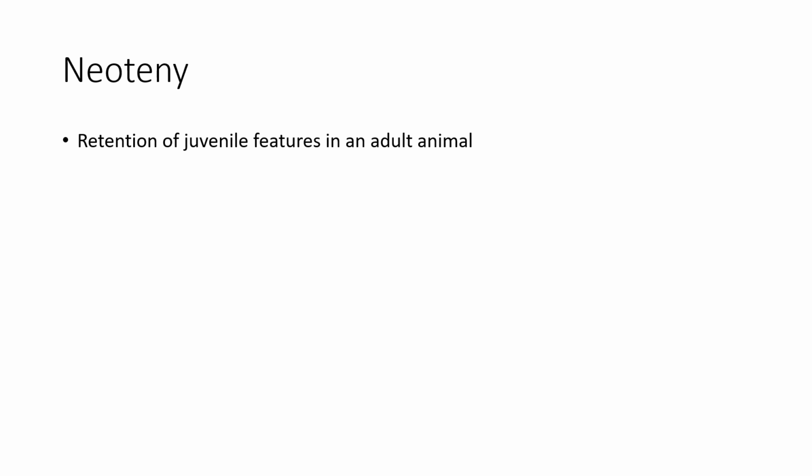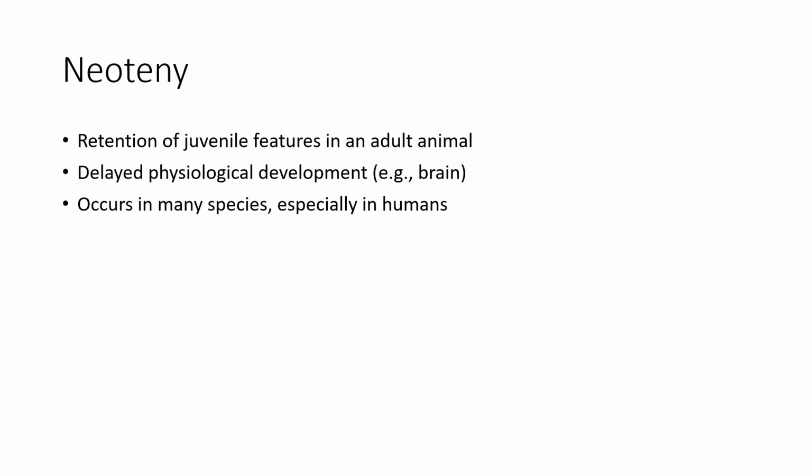This can also be used to describe the delayed brain development that we see particularly in humans, but also in other mammals. But this can also be applied to physical features that we see as well, so visible features and especially those in the face. This occurs, like I said, in many species, but especially in humans.